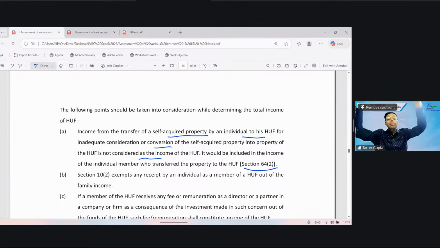So if an individual member has transferred his self-acquired property to the HUF for inadequate consideration, or has converted his self-acquired property into the property of the HUF, then income from such property shall not be considered as income of the HUF. Such income shall not be taxed in the hands of the HUF. Such income shall be clubbed with the hands of the transferor individual. Okay. It will be included in the income of the individual member who transferred the property to the HUF.